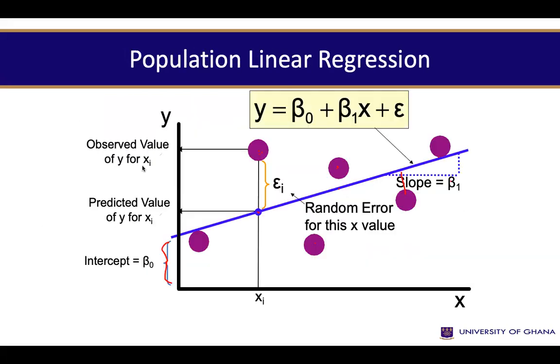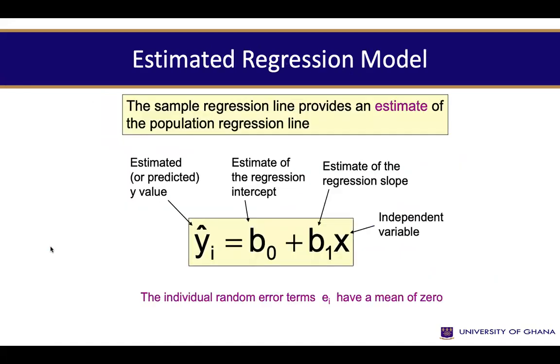Now, when we get our data and begin to do our estimation, we obtain an estimated regression model, a line that provides an estimate of the population regression line. Basically, what we are saying is that we've used the sample data to estimate the population data.